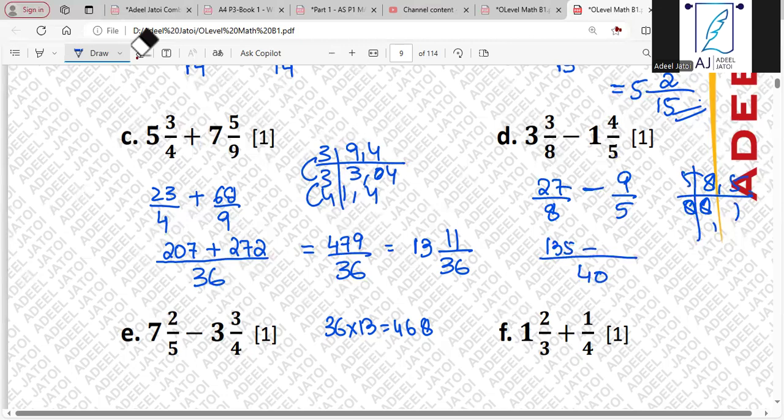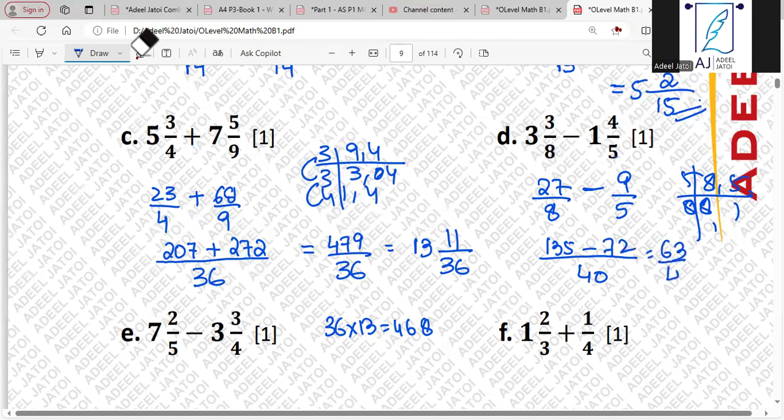Minus 40 divided by 5 is 8, and 8 into 9 becomes 72. So 135 minus 72 is what?